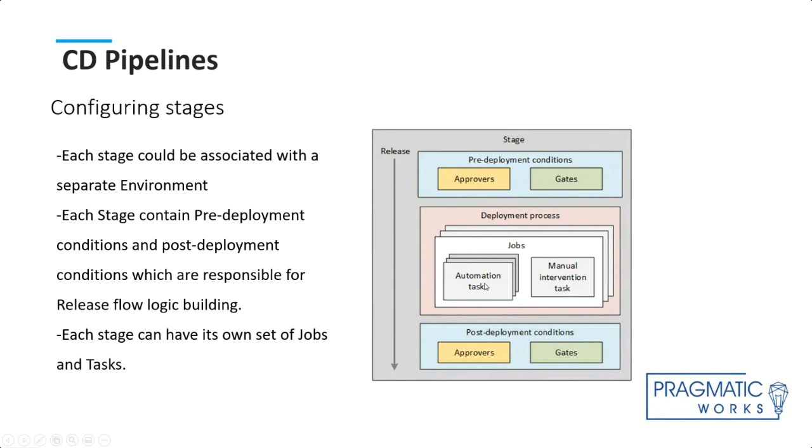Post-deployment conditions contain the same gates and approvers, and it's mostly used to mark this stage as fully completed. So next approvers can check that everything has been tested and everything is okay, and the stage has passed successfully.